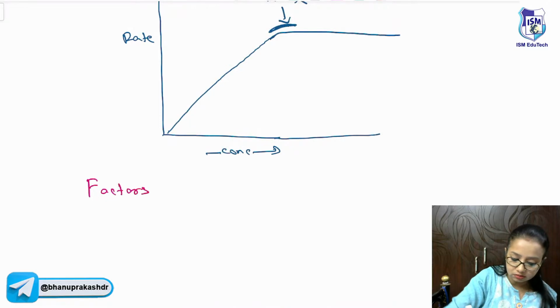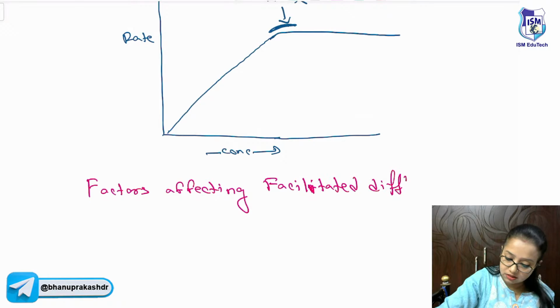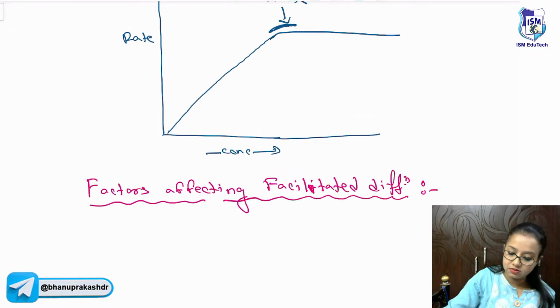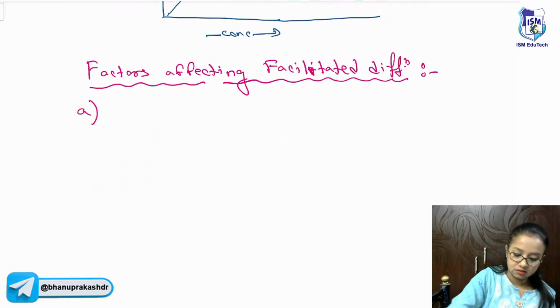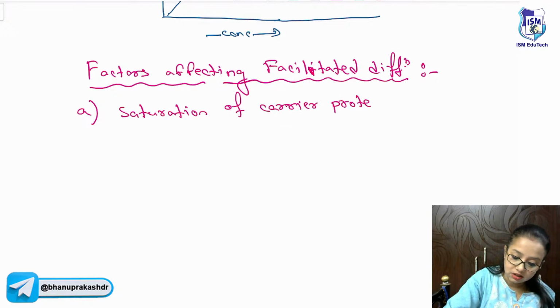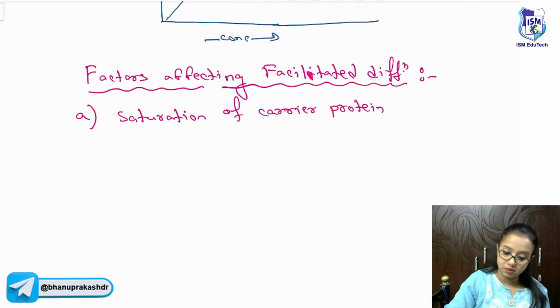Factors affecting facilitated diffusion. The factors that affect facilitated diffusion are, first, the saturation of the carrier protein. Now, the carrier protein has to bind, right?